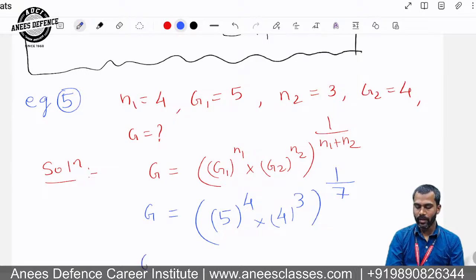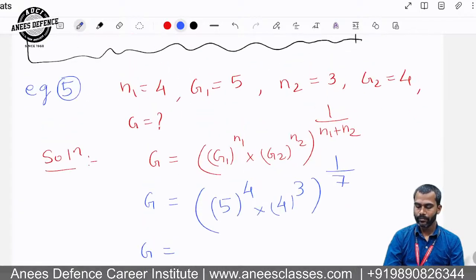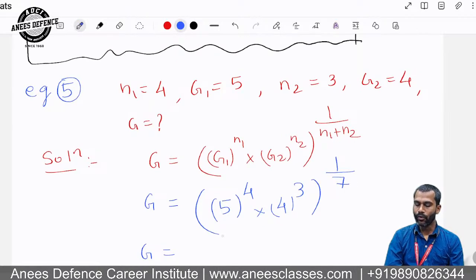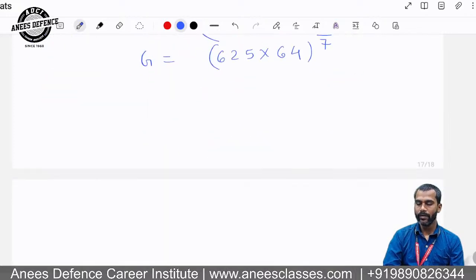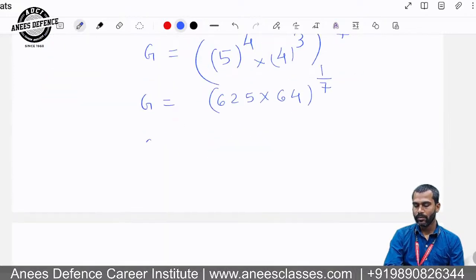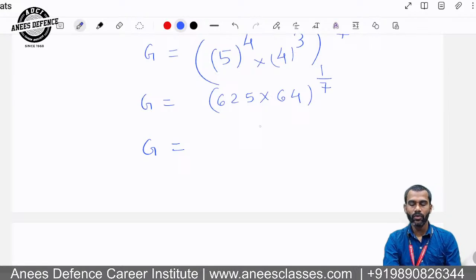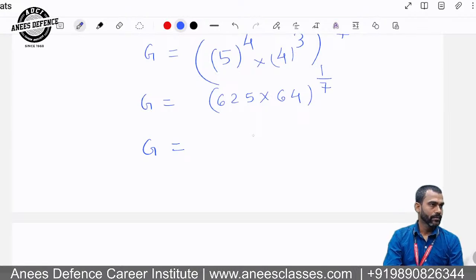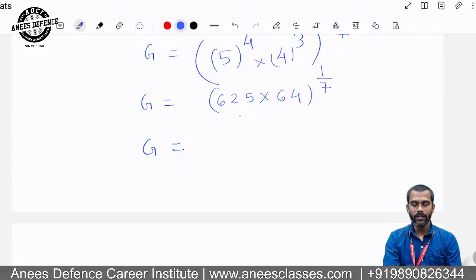So G is nothing but 5 raised to 4, which is 625, 4 raised to 3, which is 64, and power 7. Now G is equal to, what is 625 into 64? Very easy. 625 into 4 is what?